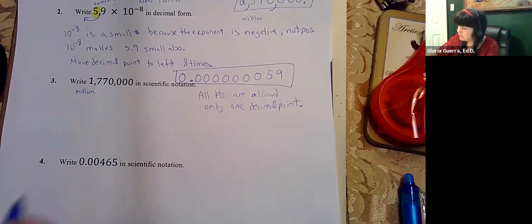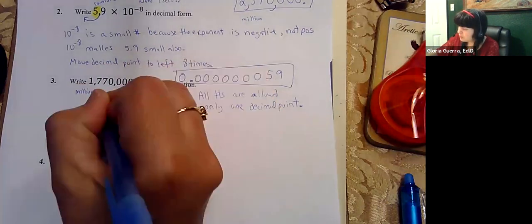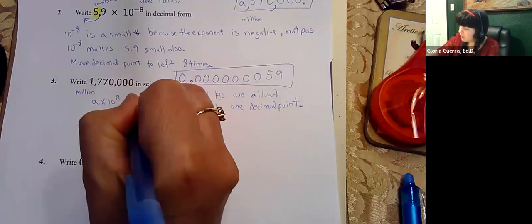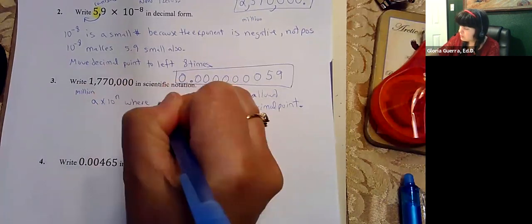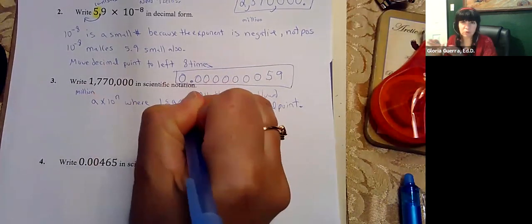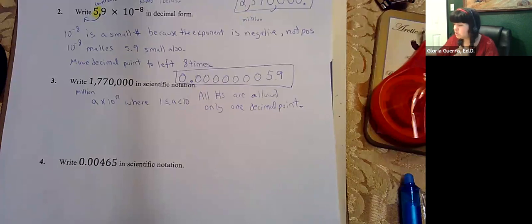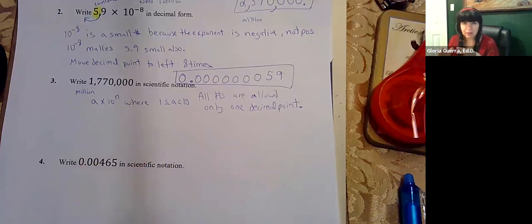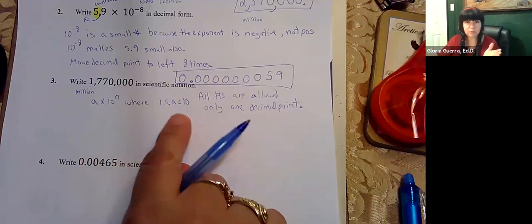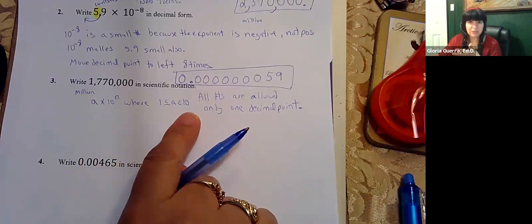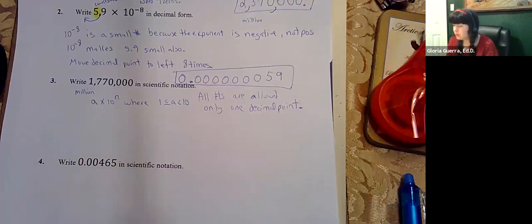Okay, so scientific notation has this format: A times 10 to the n, where A is pretty much between 1 and 10, and it can actually include the 1. But that's how big A can be. If you think about money, it has to be between $1, it can equal $1, and $10.